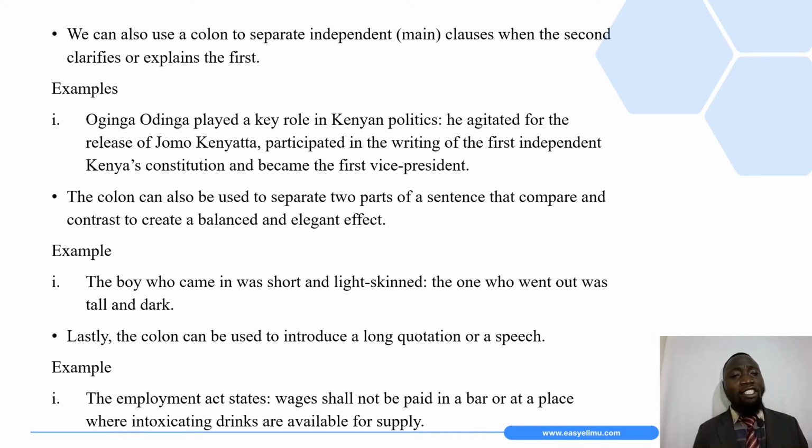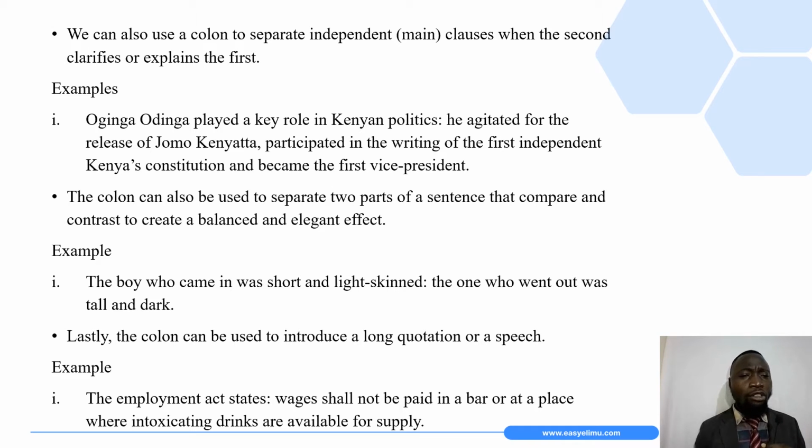The first clause, the independent clause in this example, dear students, is "Oginga Odinga played a key role in Kenyan politics." Then the second clause, or the second part, now clarifies or explains the first clause. That is, "he agitated for the release of Jomo Kenyatta, participated in the writing of the first independent Kenya's constitution, and became the first vice president."